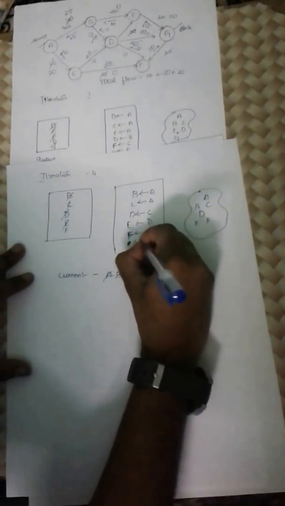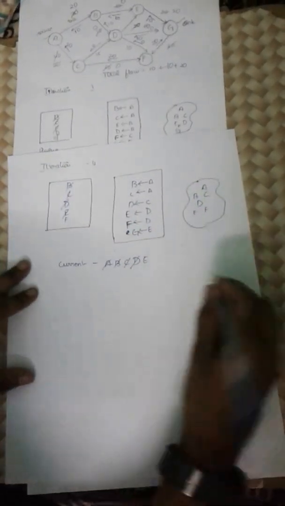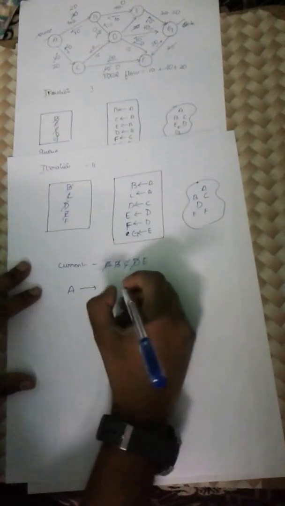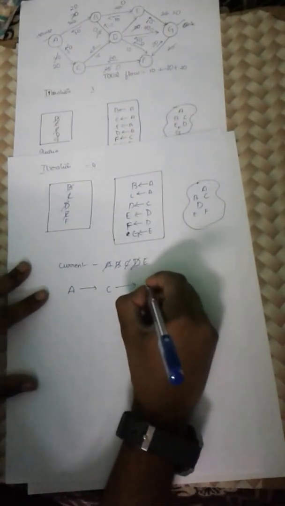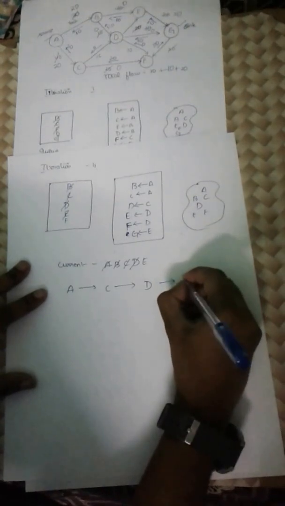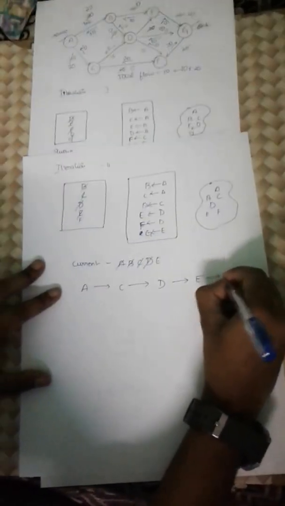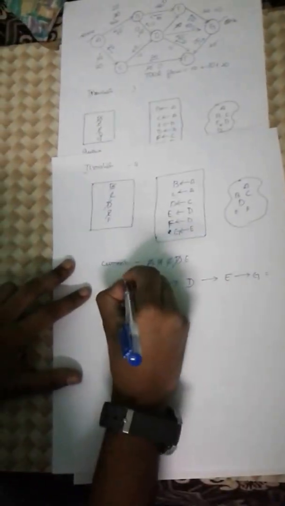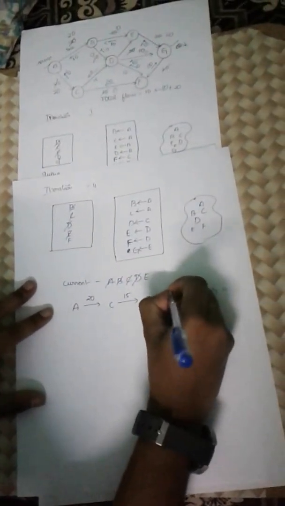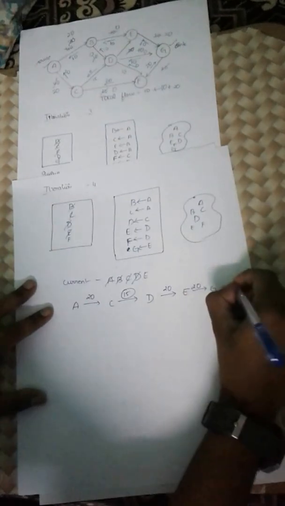Now the augmented path will be like from A it goes to C, C it goes to D, D it goes to E, and E it goes to G. The path distances will be 20, 15, 20, and 20. The least one is 15.